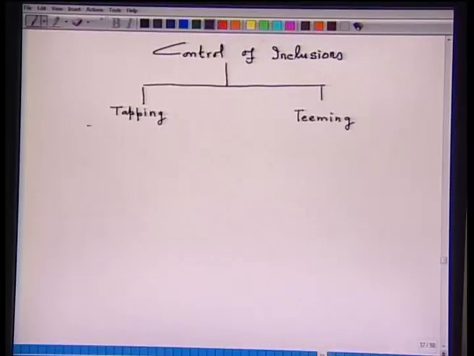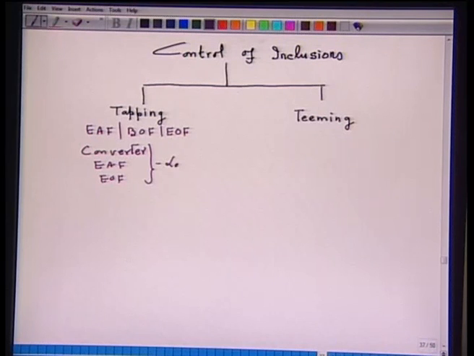So, let us see first about tapping. Tapping from either EAF, electric arc furnace, or BOF, or EOF, I can also include this in my lecture. From tapping, the steel goes from the converter or from the electric arc furnace or from EOF to the ladle.